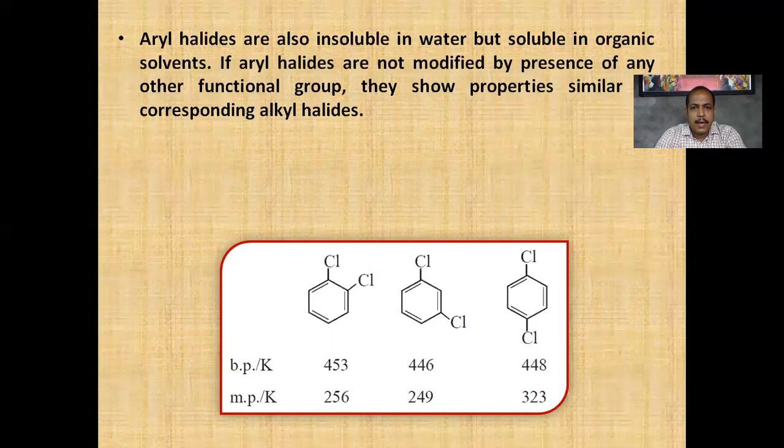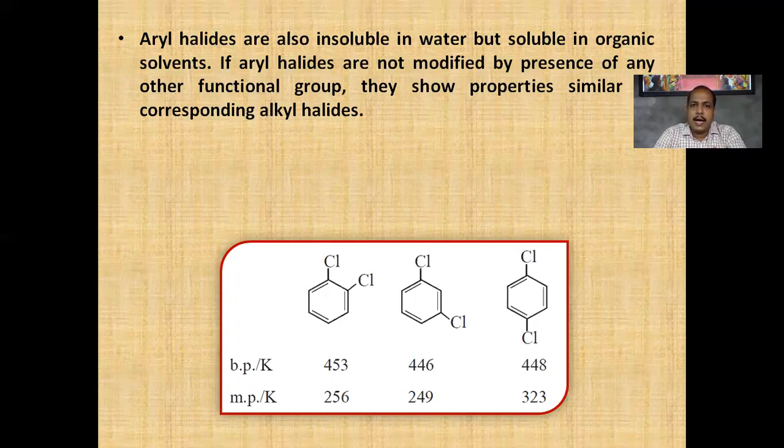As molecular mass increases, the boiling point also increases. As the number of carbon atoms in the chain increases, boiling point also increases. And the difference is only if branching increases, then boiling point decreases. And last we have seen solubility.